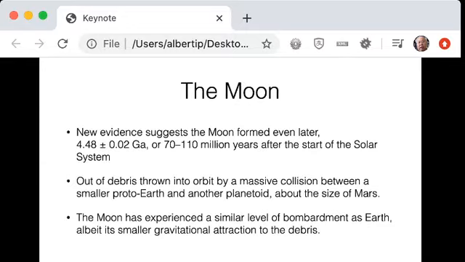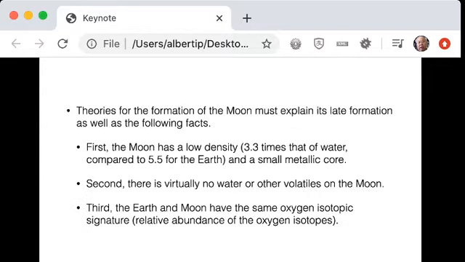Because that Mars-sized body is so large, it melted part of the Earth's surface, and the melted debris flung into the Earth's neighborhood. But again, this is being attracted by the Earth, and therefore it can't go away very far, and it surrounds the Earth, and then eventually also attracts towards each other and forms our moon. So that is the theory of the formation of the moon.